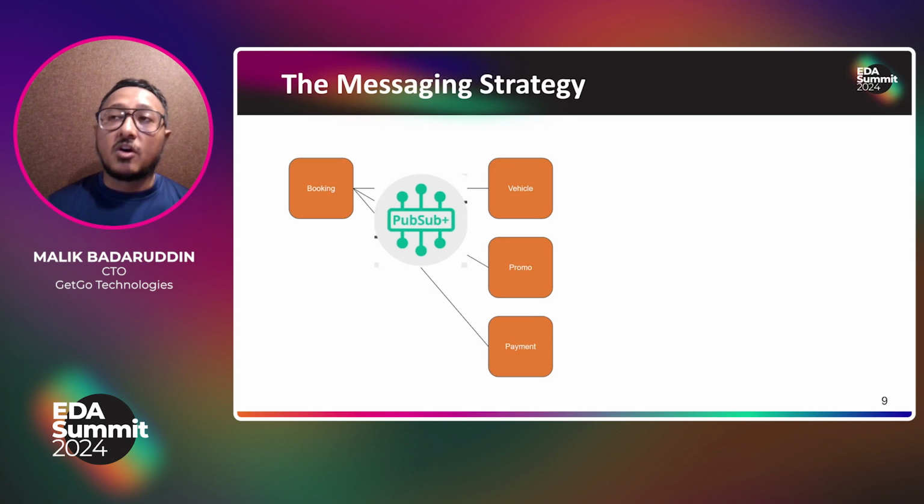So in a typical call, for example, if I'm looking for a vehicle for today, for an hour, what the booking service will do is it will do a search, right, for all the available vehicles in that time span. And at the same time, it would also validate any promotions that come with a booking.